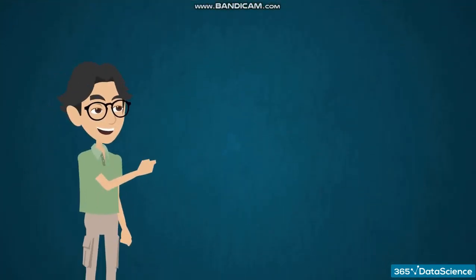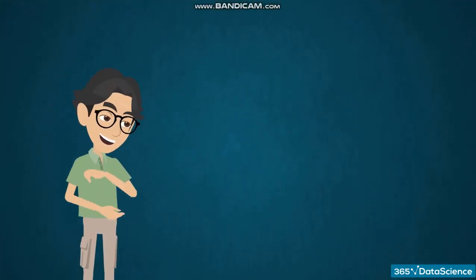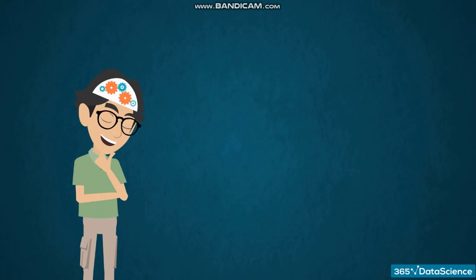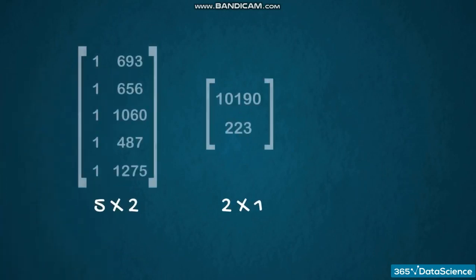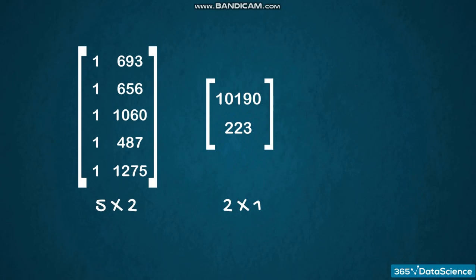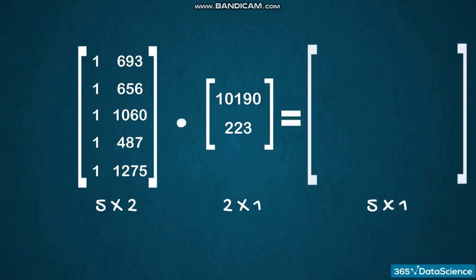However, we are smarter than that, aren't we? We know some linear algebra already. Let's explore these two objects: a 5 by 2 matrix and a vector of length 2. The matrix contains a column of ones and another with the sizes of the houses. The vector contains 10,190 and 223, the numbers from the equation. If we go about multiplying them, we will get a vector of length 5.